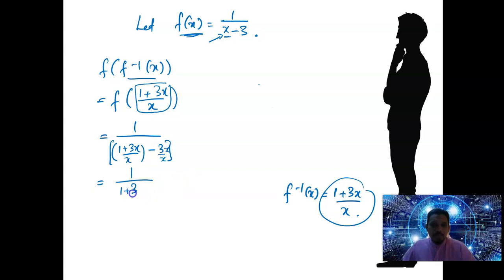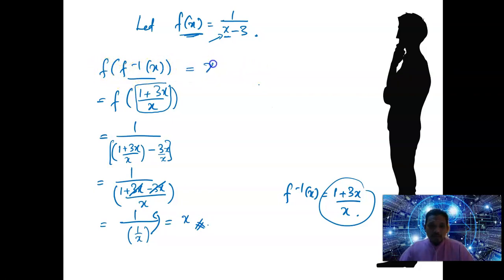So 1 plus 3x minus 3x divided by x, then 1 over, now 3x minus 3x equal to 0. So we have 1 over 1 over x. So bring above here, switch the position upside down, and then it's going to give you an x. So the composite function between f and its inverse will straightly give you the result, which is only an x.